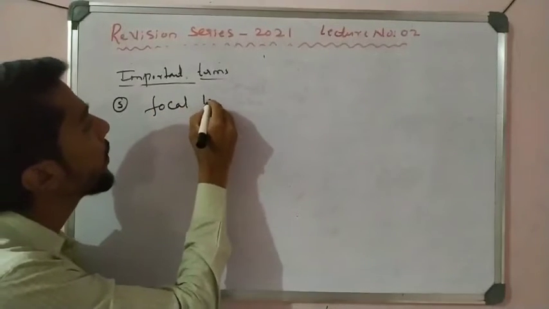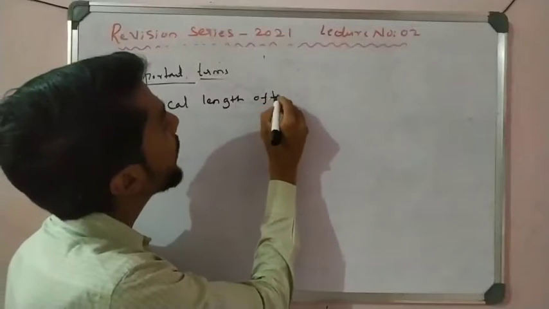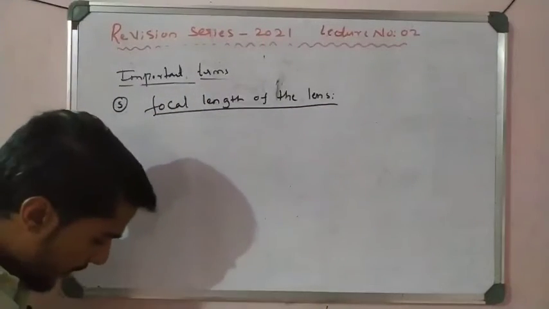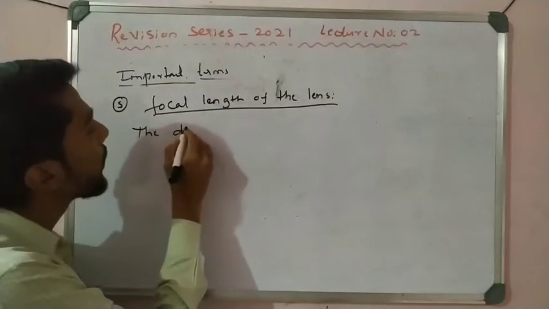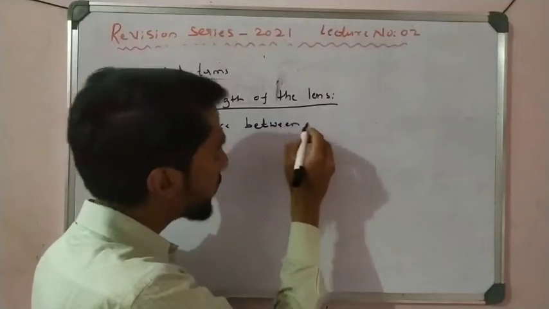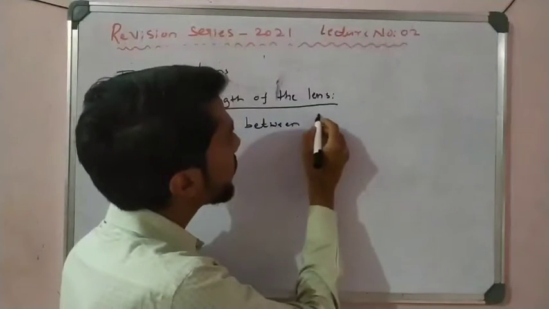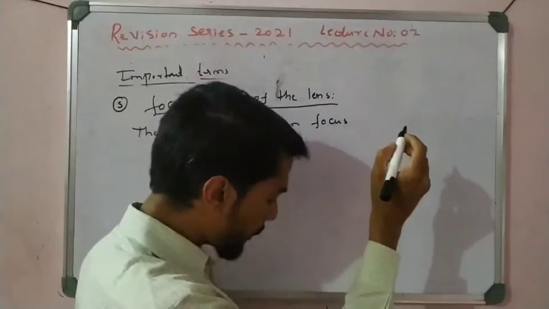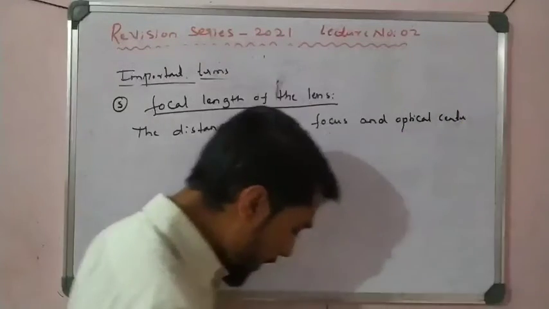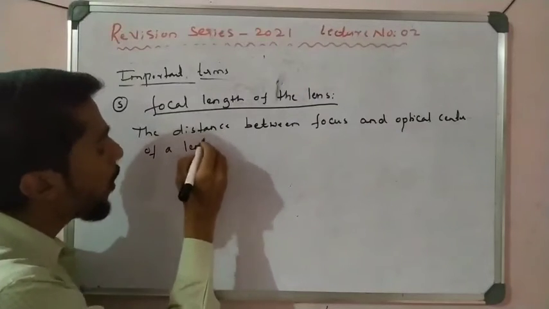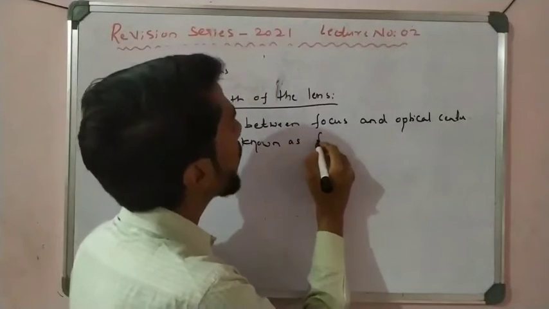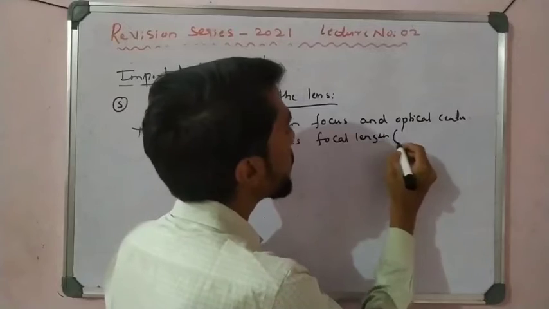So the definition: the distance between focus and optical center of a lens is known as focal length, and the symbol is small f.